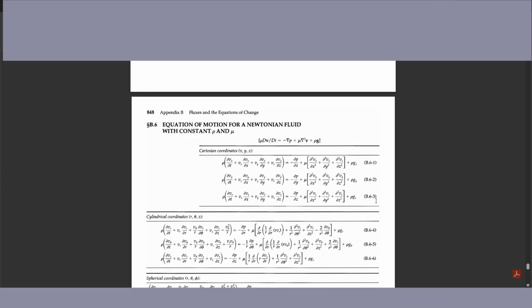We use B.6-3 because you see this vz, the velocity is in the z direction, so that's how you know which of these three to use. Basically, the velocity of interest is the one you use. If there was a Vx, Vy, you would also have to use these equations. But since it's just z, you only have to use this equation.